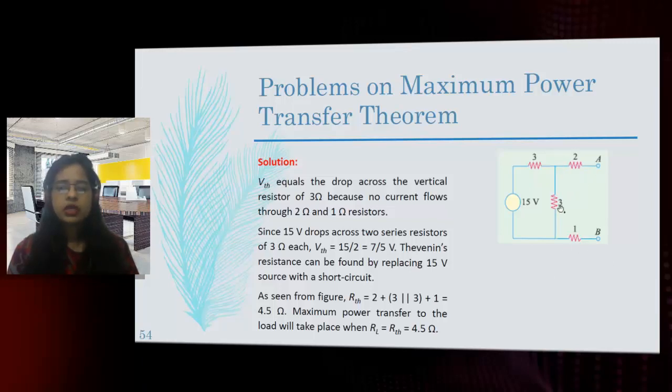So whatever drop is occurring here will be occurring here as well, right? Since the 15 volt drop occurs across two series resistances 3 and 3, VTH will be equal to what? Apply the voltage divider rule, it will be equally divided. So it will be 15 by 2, so 7.5 and 7.5.